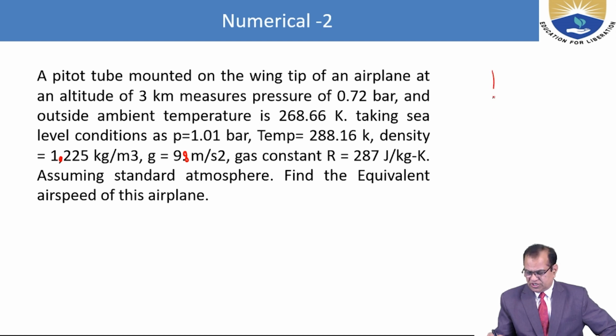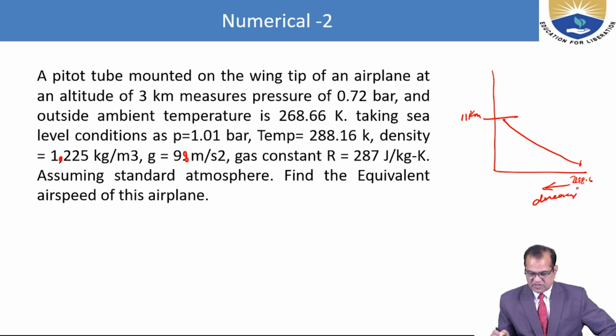Up to 11 kilometers, the temperature is falling, decreasing, and the pressure is also falling. The pressure is 0.72 bar and the outside temperature is 268.66 Kelvin at 3 kilometers.